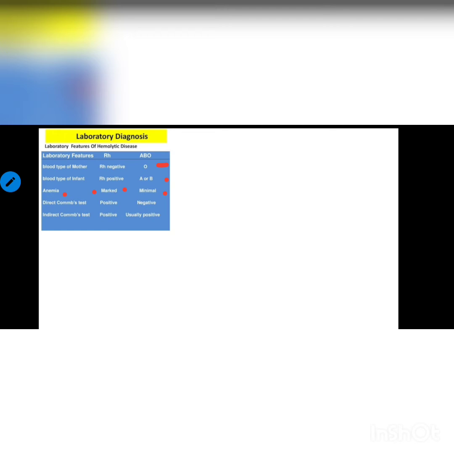Anemia can be marked in the fetus in Rh and minimal in ABO. Direct Coombs test is positive in Rh; in ABO it should be negative. Indirect Coombs test should be positive, and usually positive in ABO too.